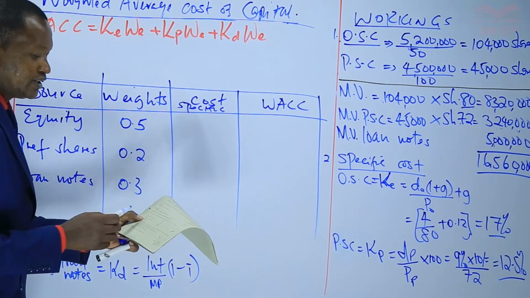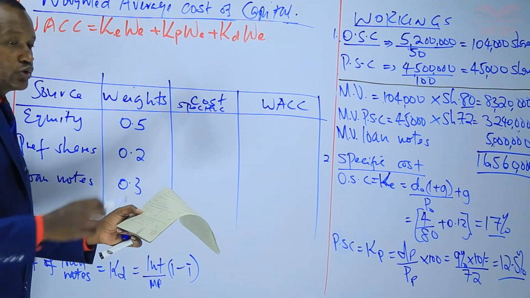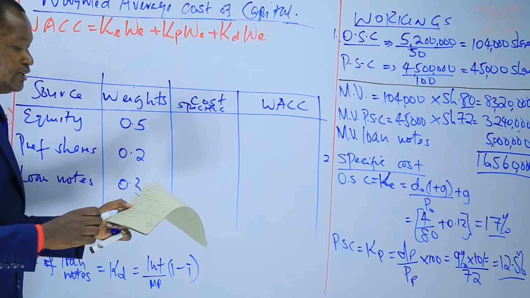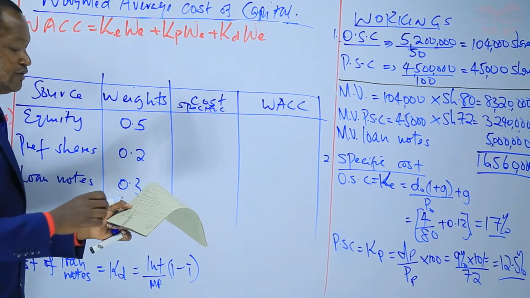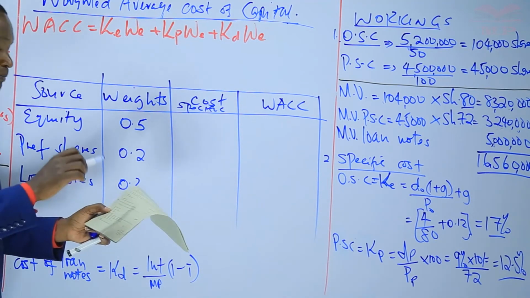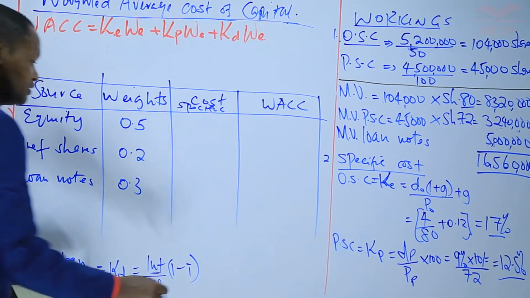But we've not been provided with the value per note. We don't know the number of notes. We are not given the par value per note, but we have the interest at 14%.